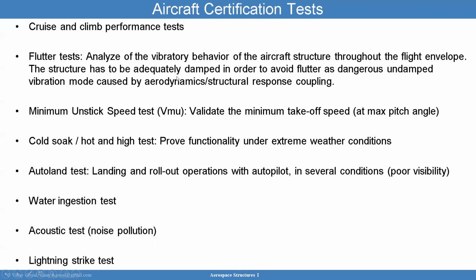The structure has to be adequately damped to avoid flutter, as dangerous undamped vibration modes can be caused by aerodynamic structural response coupling. You want to make sure you don't have this coupling, which, for example, will take the wing and break it apart, or any of the control surfaces.